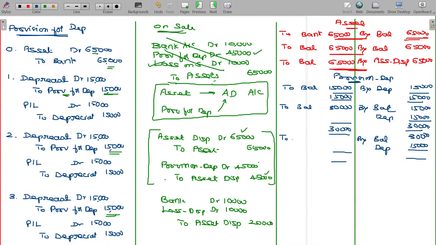As the asset is disposed in the last year, the amount available in the provision for depreciation is no more required, so transfer it to the asset disposal account. The entire 45,000 is transferred. Now the book of provision for depreciation account is closed.